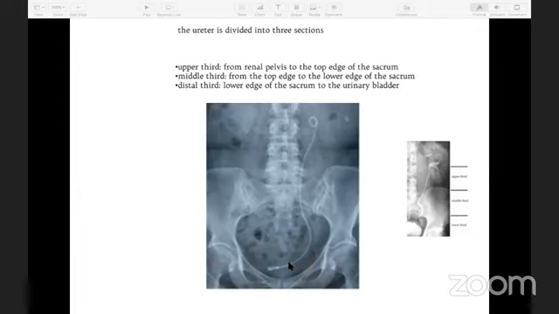Now, the ureter can be divided into three parts. The upper ureter extends from UPJ to the upper border of the sacroiliac joint, the middle ureter from the upper border to the lower border of the sacroiliac joint, and the lower ureter below the lower border of the sacroiliac joint.